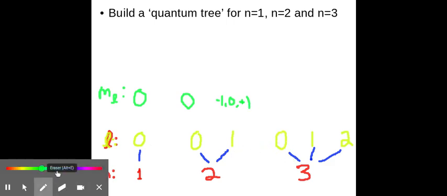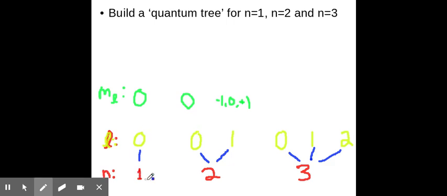And let's mark these off here so that if this principal quantum number is 1, the only L value you could have is 0, and the only ML value would be 0. If the principal quantum number is 2, you could have 2 L values, 2 shapes, the 0 and the 1. If the shape is 0, just like before, there's only one possible orientation.